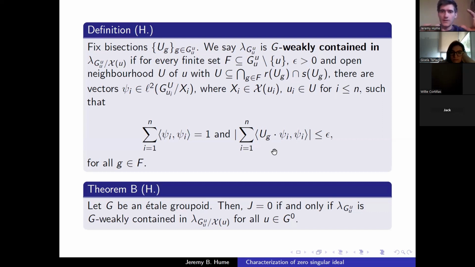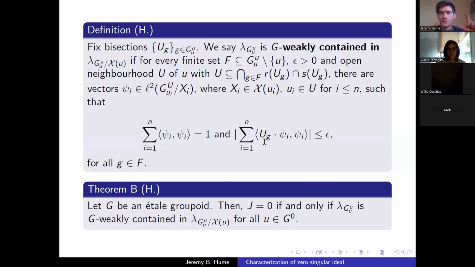You do this using bisections. You fix open bisections around the isotropy, and then you can define this translation via convolution with the indicator function of the bisection. So it's very similar. I should remark that this definition is not dependent on the bisections, and it's only weakly dependent on the groupoid.